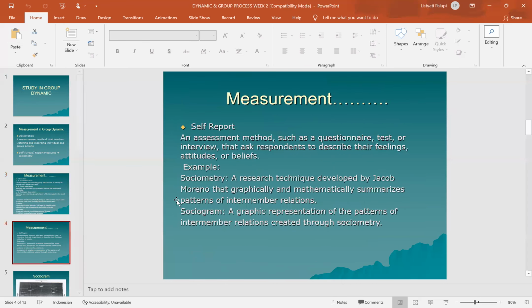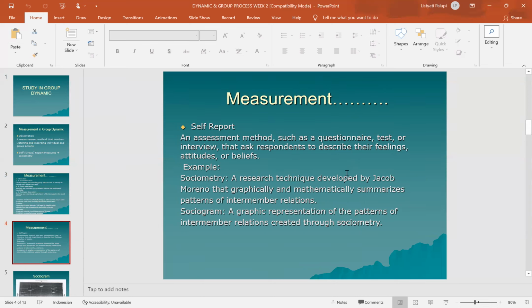The next measurement tool usually used in studying group processes is self-report. Self-report is an assessment method such as a questionnaire, a test, or an interview that asks respondents to describe their feelings, attitudes, or beliefs. An example of self-report in group dynamics is sociometry.